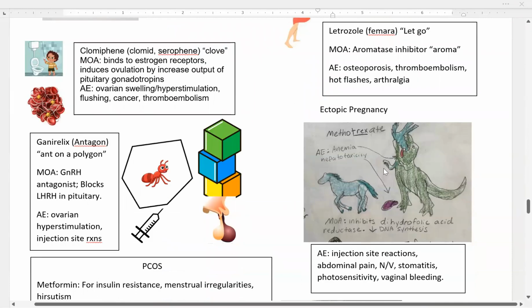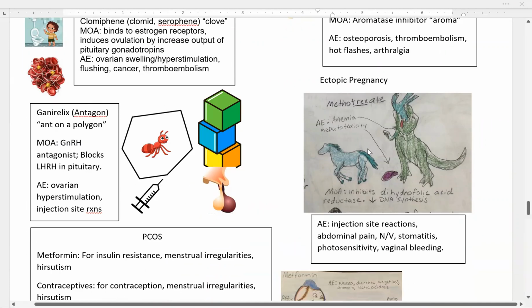For ectopic pregnancy, you can use methotrexate. This is a picture that I previously had drawn, and I thought it sounded like metho T-Rex 8. In this picture, the T-Rex 8, 2 water horses or 2 hydrofolic acid. Foals as in horse, they're blue. So it's like hydro, and then there's 2 of them, so di.